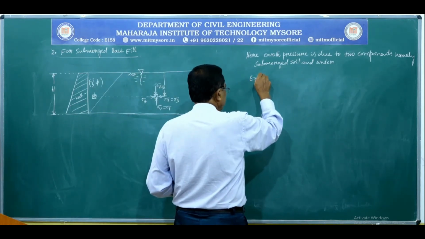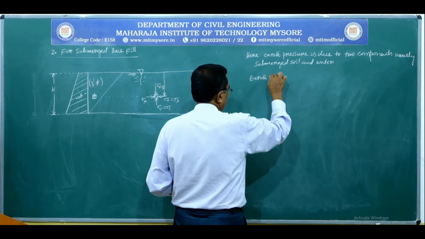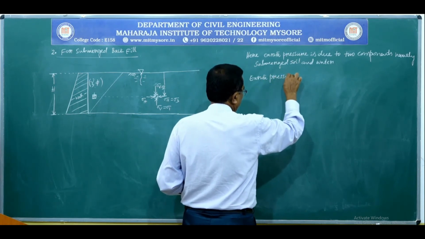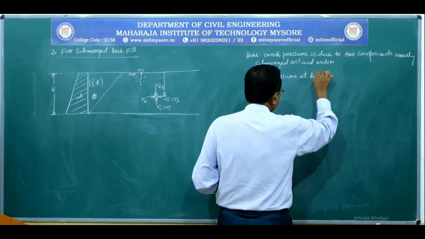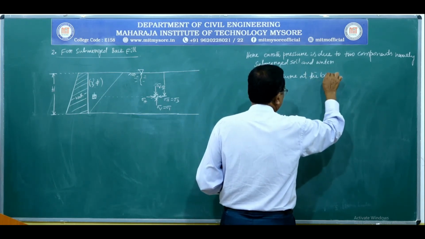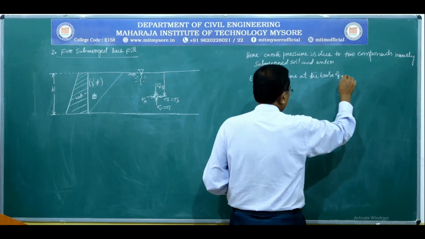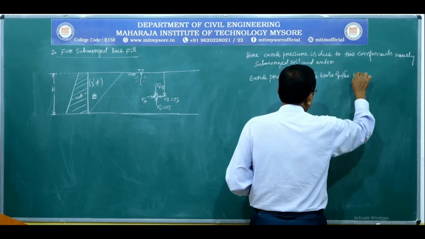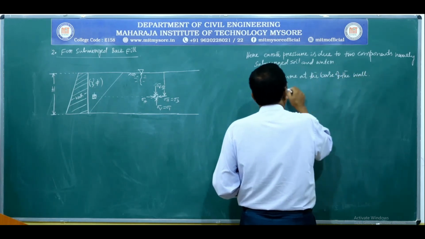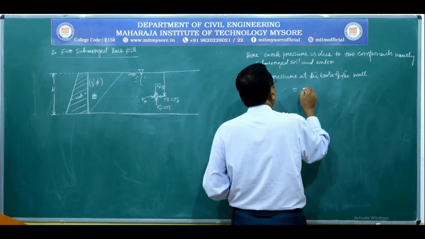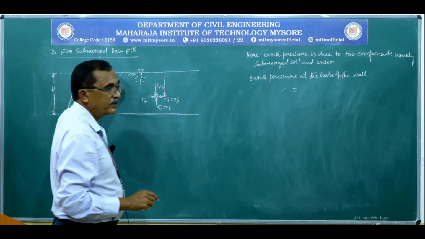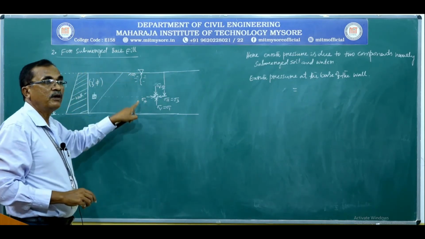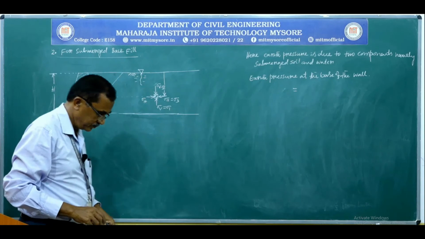Earth pressure at the base of the wall is equal to, first we have to consider earth pressure due to submerged soil, then earth pressure due to water.